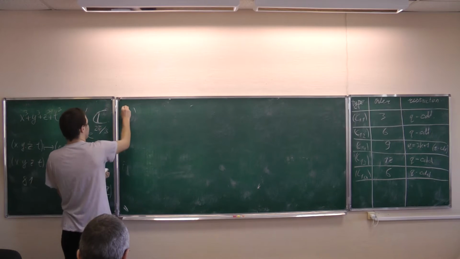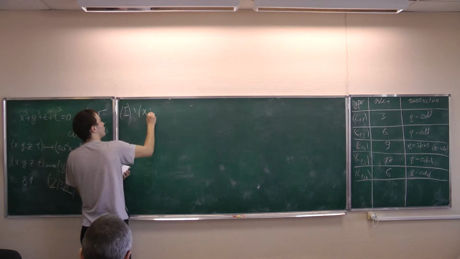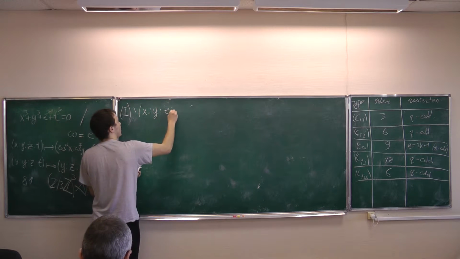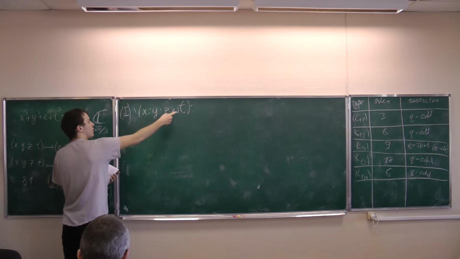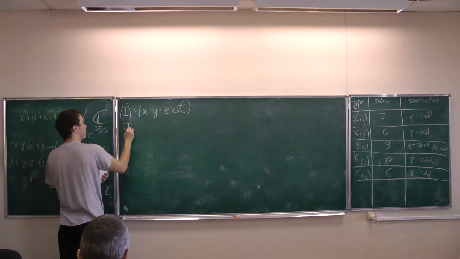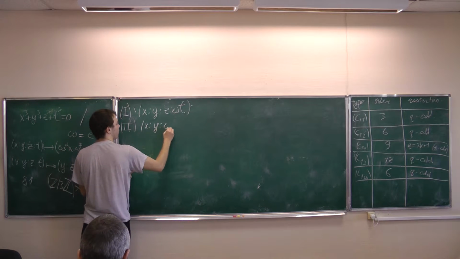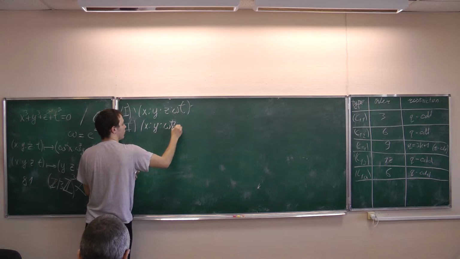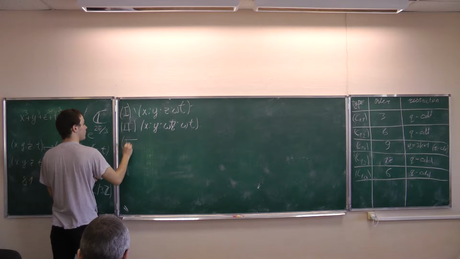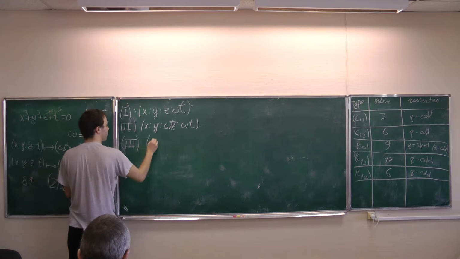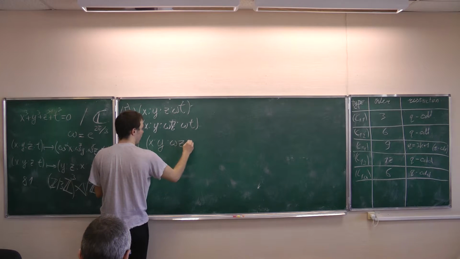Type 1 is the action generated just by multiplication of one variable by omega. Type 2 is multiplication of two variables by the same root. And type 3 is multiplication of two variables by two different cube roots of 1.